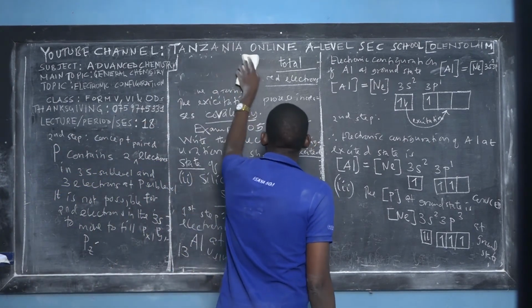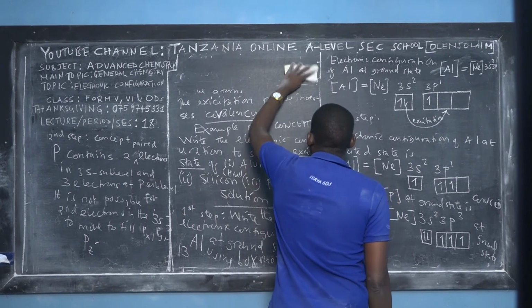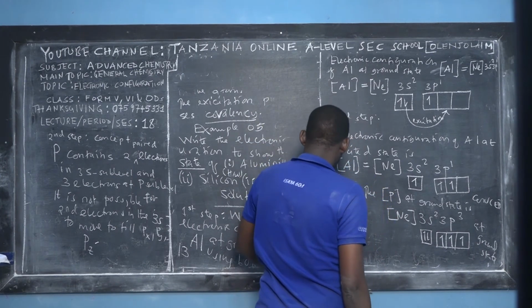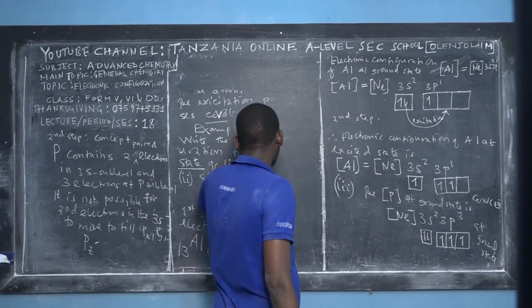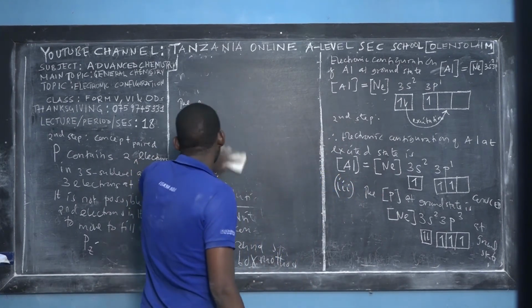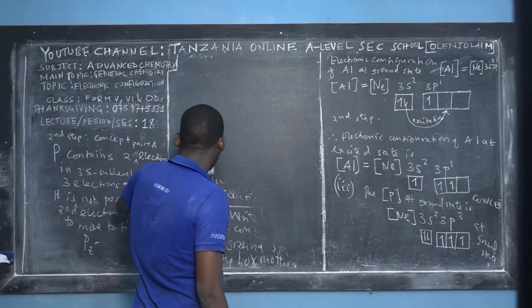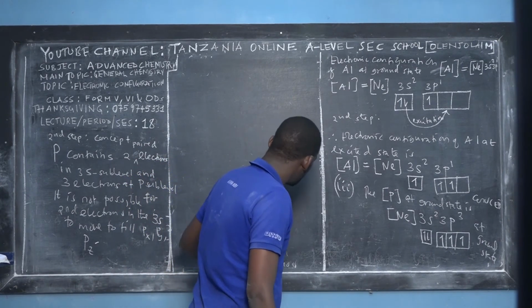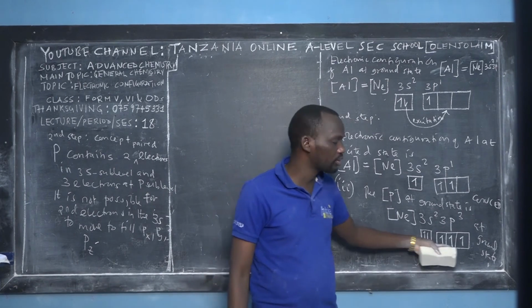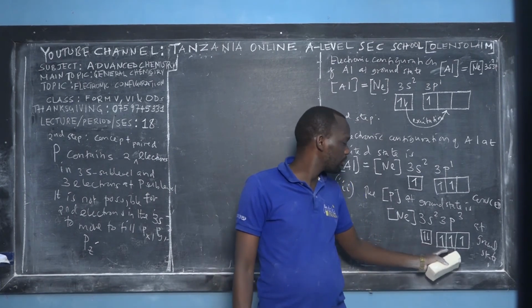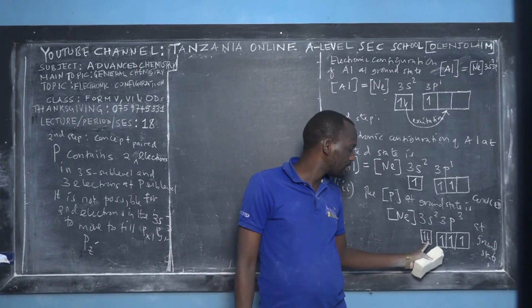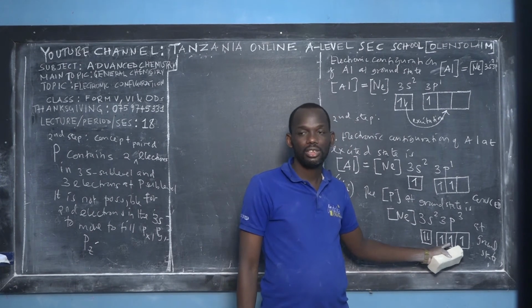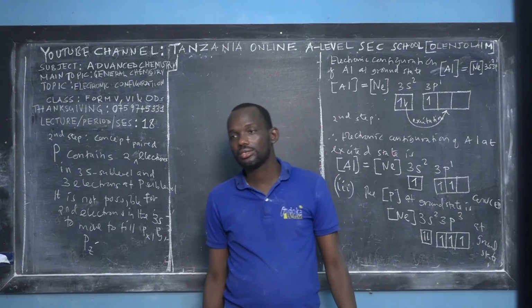So what happened? It's not possible for one electron of the pair in the s orbital to move from the s orbital to the p orbital, because the p orbital is singly filled and contains 3 electrons. So no space here, because these electrons are negatively charged, and the electrons which are here are also negatively charged. So negative and negative repel.